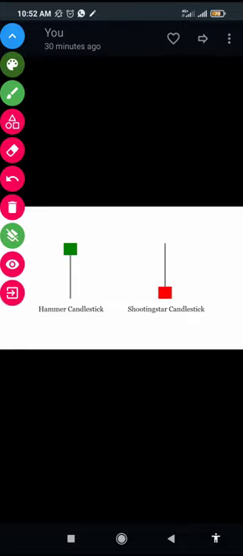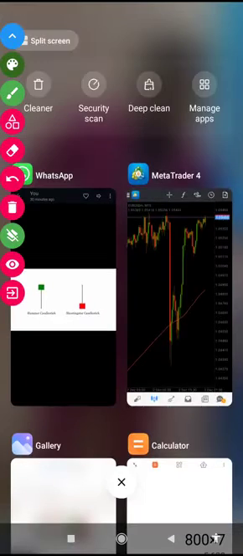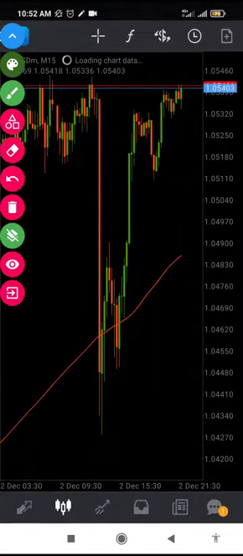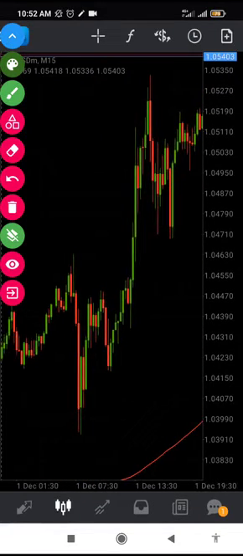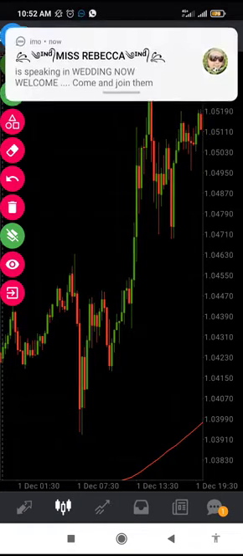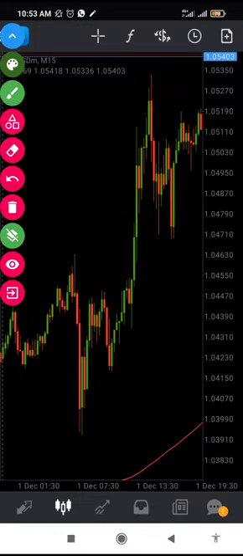Now there are ways you don't trade. If you see this chart now, there are ways you don't trade. You don't just look at charts and say, oh, since there is green here, it seems I'll enter this market.